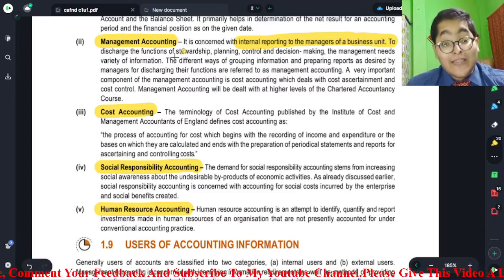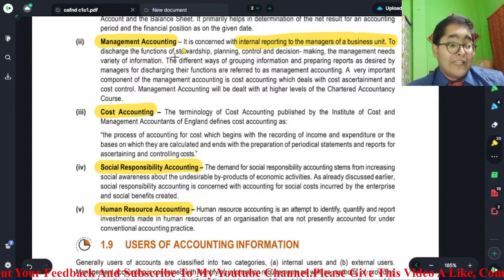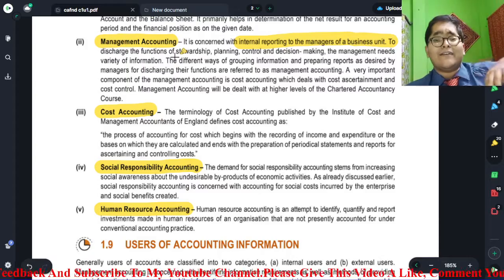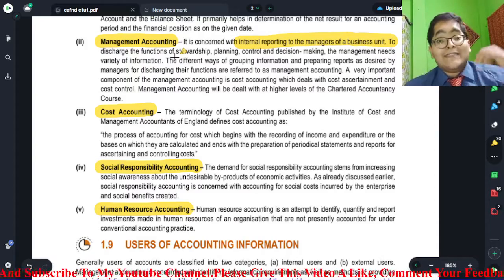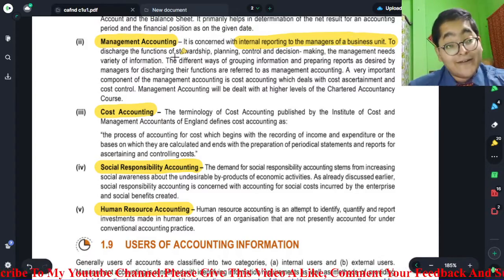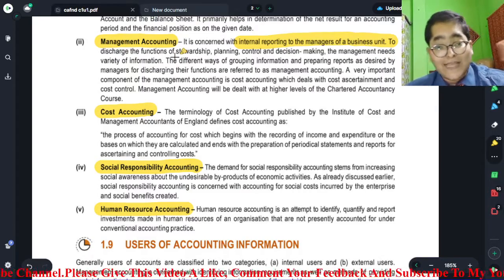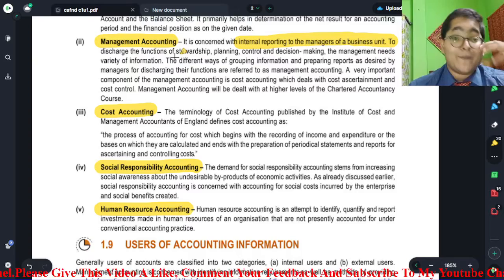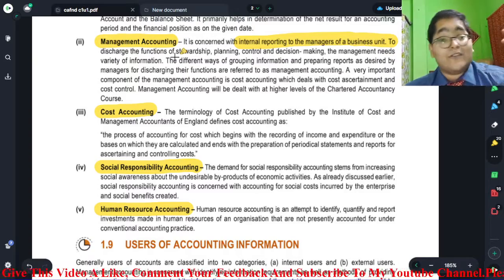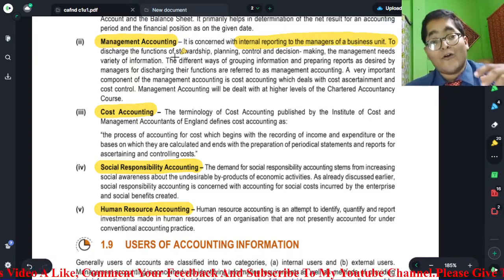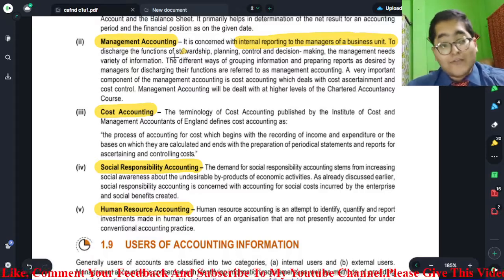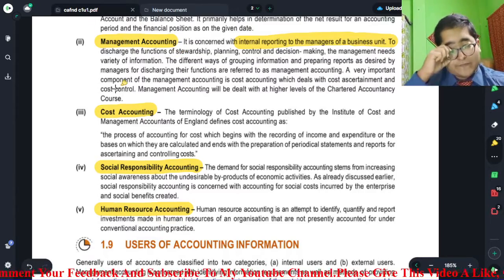For example, if the business is incurring losses of 3000, these losses are reported internally to the managers, so that they can take proper steps to minimize the losses. For the firm to earn profits, it needs to recover the losses. So this is management accounting.